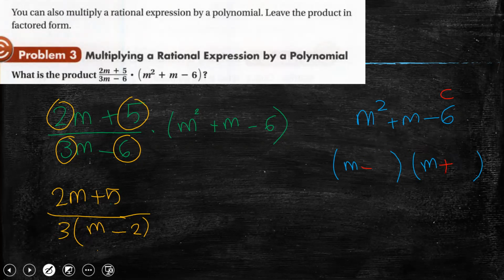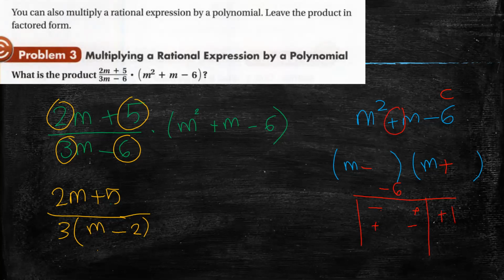Bravo. Now give me the factors of negative 6 that if you add them, you get positive 1. 3 and 2. Negative 3 plus 2 is negative 1, I don't want that. Positive 3 minus 2 is 1. So I have m minus 2 times m plus 3.